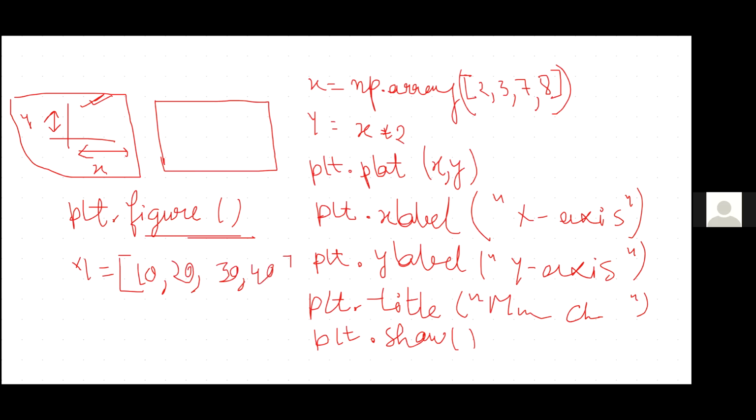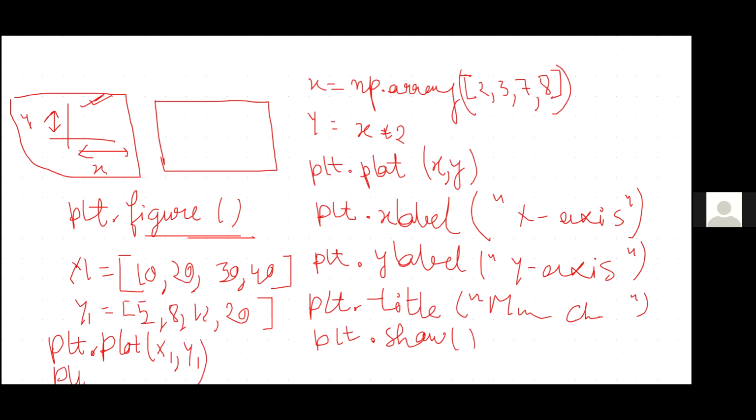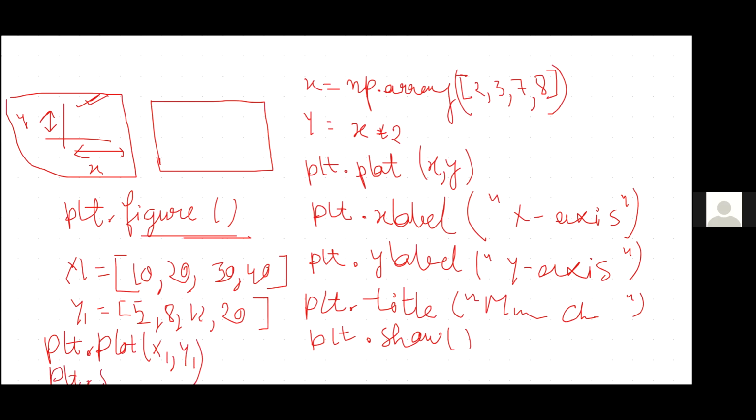Then taking y1: 5, 8, 12, 20. Then you can do plt.plot(x1, y1), and after that plt.show. So we can use two different plottings for different charts in the same section.